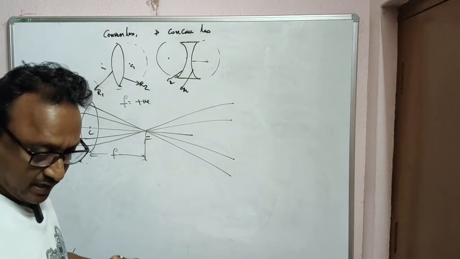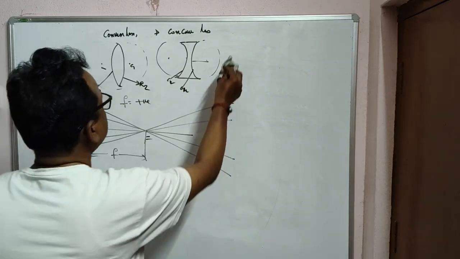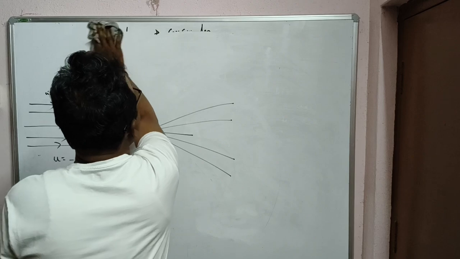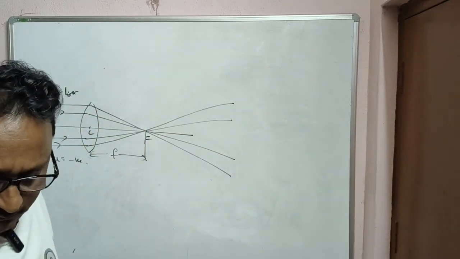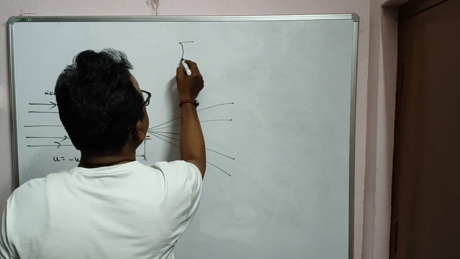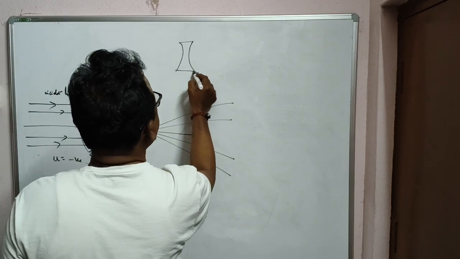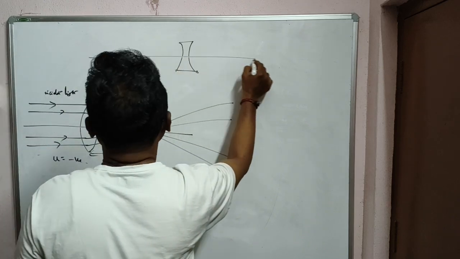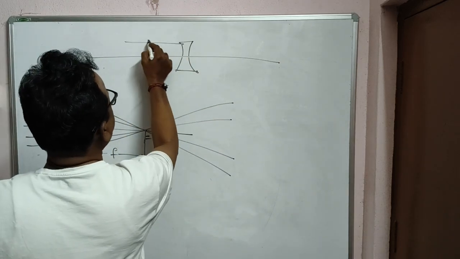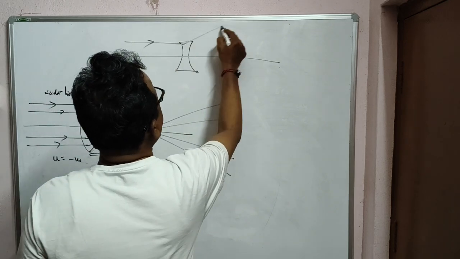Now coming to the concave lens, observe carefully. When the light comes in parallel, the nature is diverging.